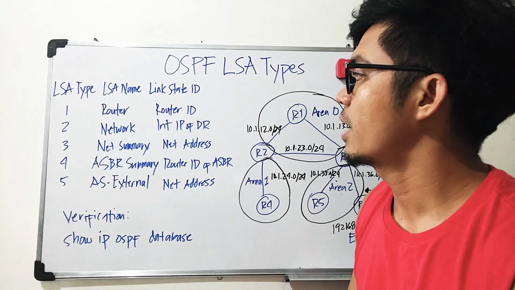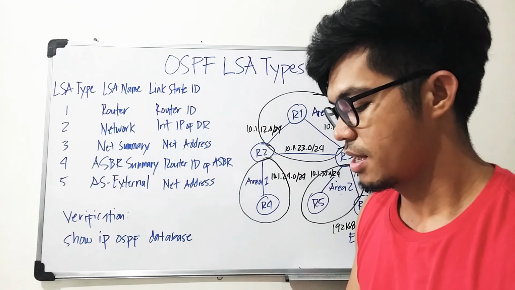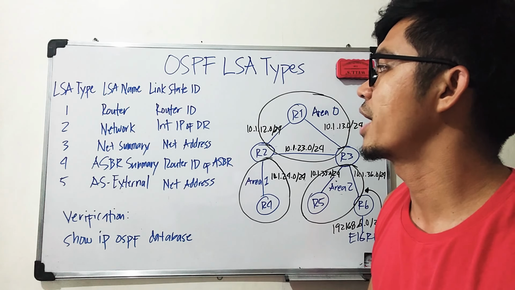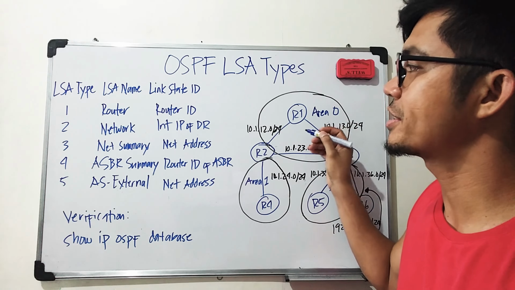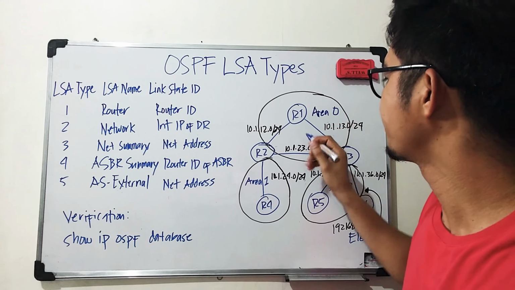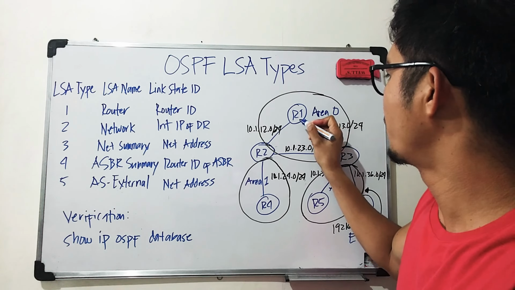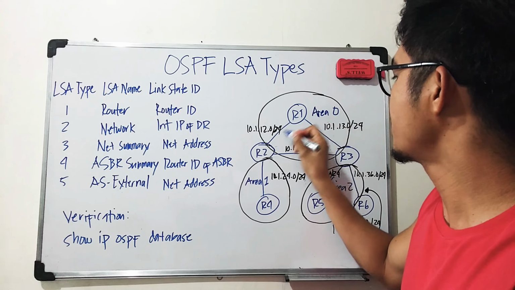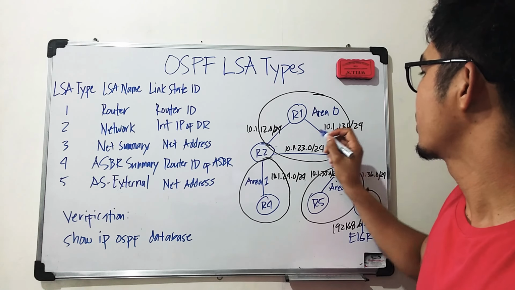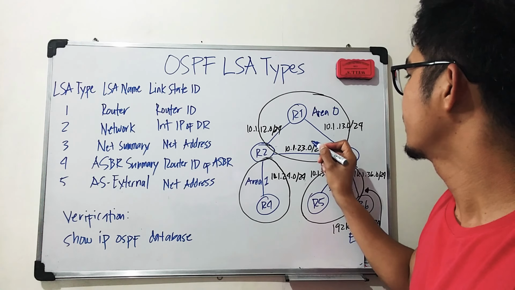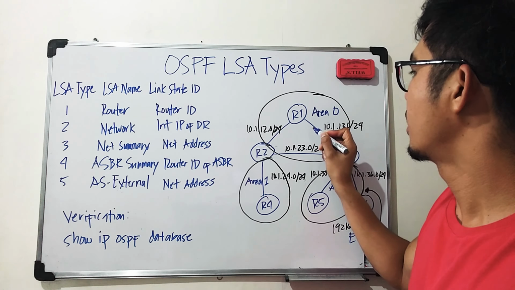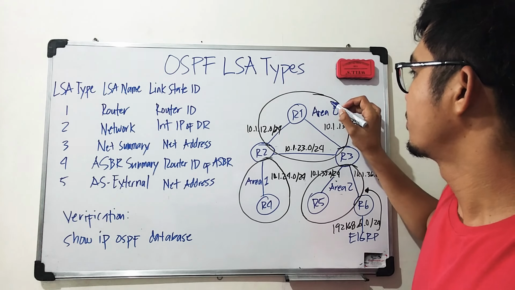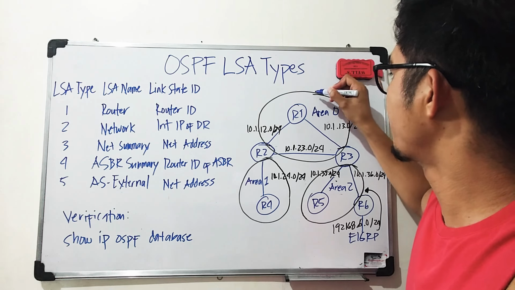So let's talk about router LSAs. Router LSAs are originated by the originating routers in an area. So for example, let's just assume that the routers here are R1, R2, R3, they have their own loopbacks, and the loopbacks are configured how you would configure a loopback interface.